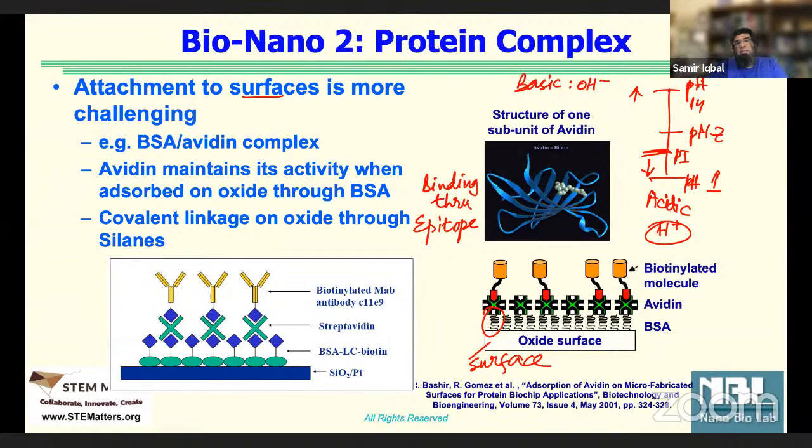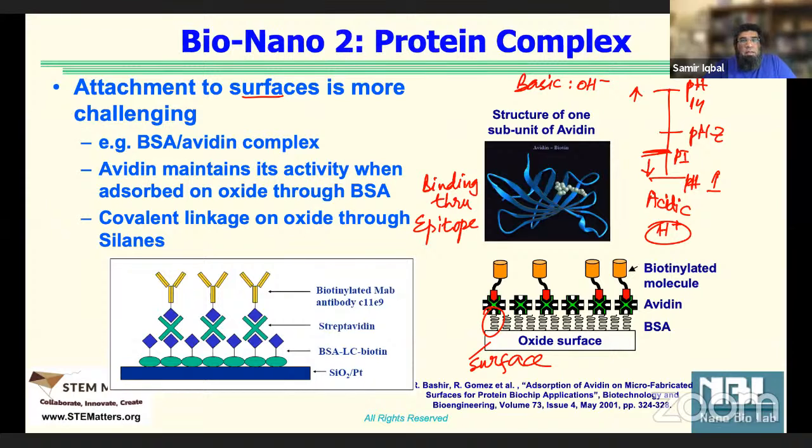So now we need to adjust our solution to be basic or acidic, because the pI falls somewhere. So pI is the pH of a solution where the protein is neutral. So that's another consideration. We have to find the right place.